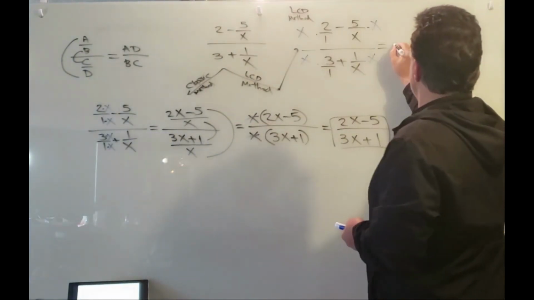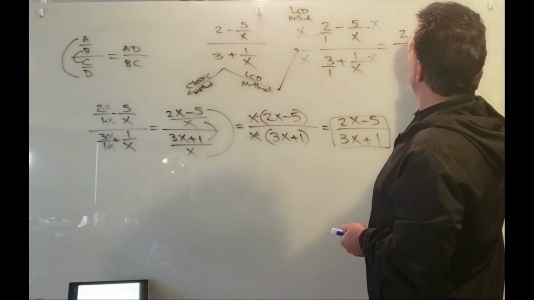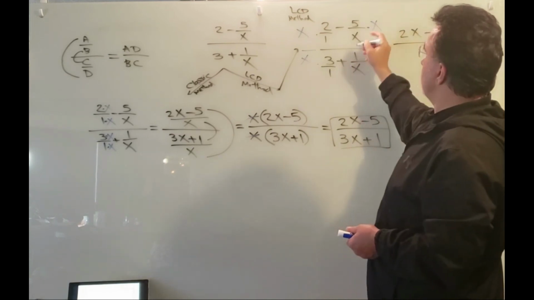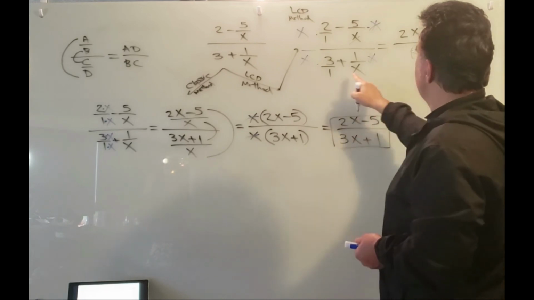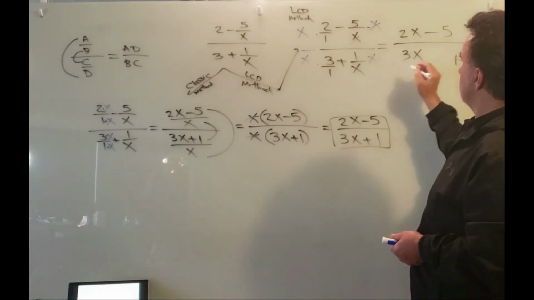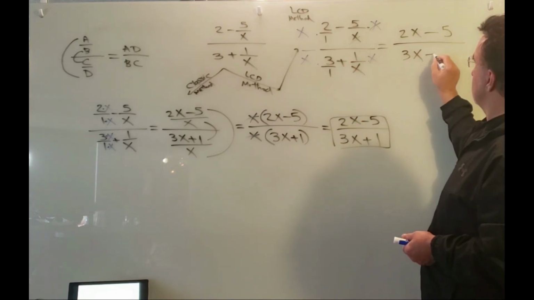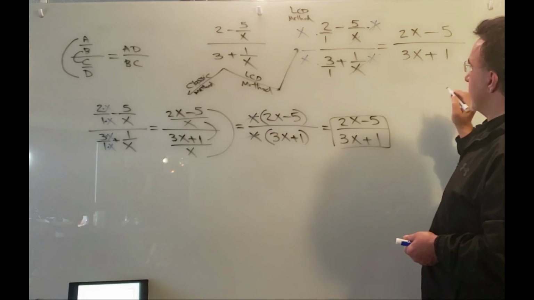And here we just end up with 2x minus, notice the x's cancel out, so you just get minus 5. And here we end up with 3x and then plus, notice the x's cancel out again, leaving us 1.